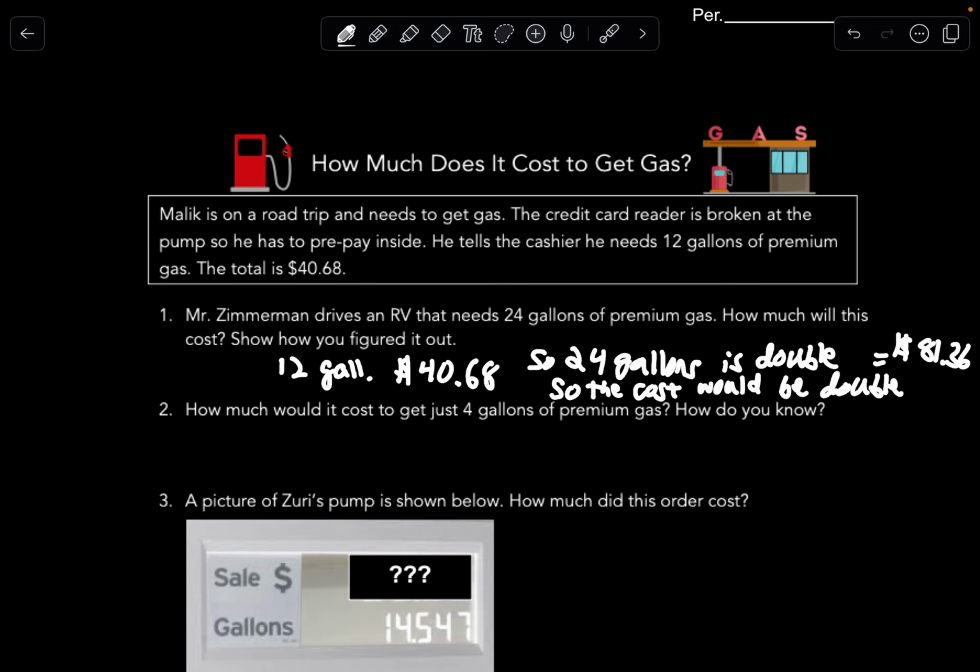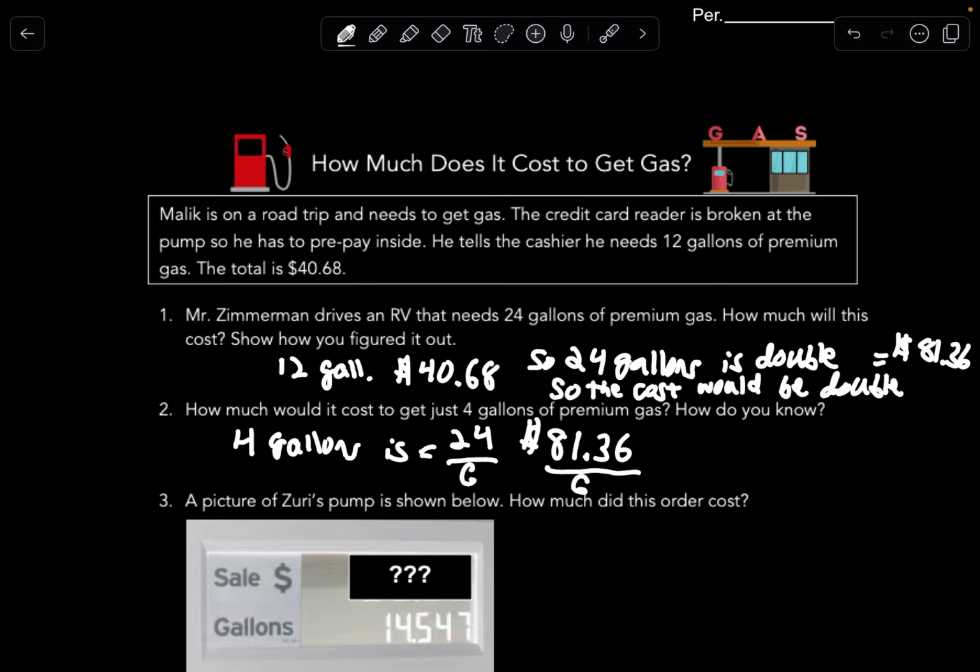How much would it cost to get just 4 gallons? Well, 4 gallons is 6 times less, right? In other words, we know 4 gallons is equal to 24 divided by 6 gallons. So the price would be $81.36 divided by 6.